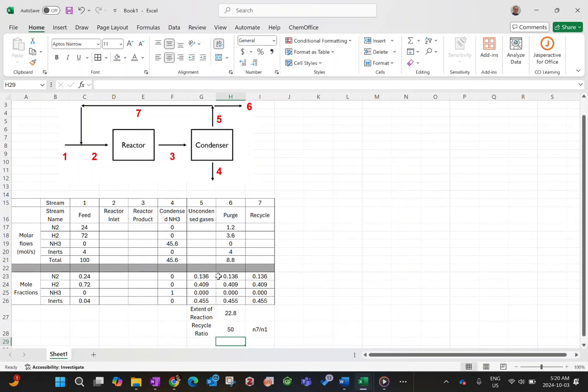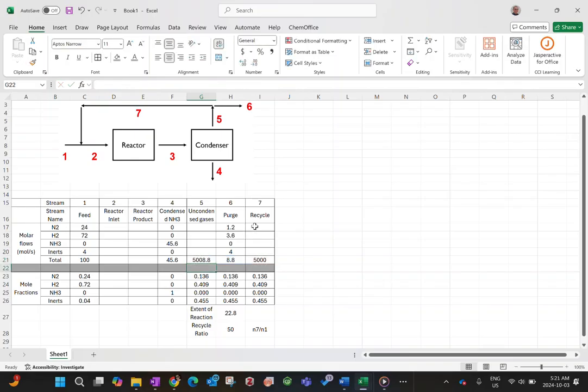Okay, and so 50 is N7 divided by N1. We know N1 already. So N7, the total, is just the recycle ratio times the total from N1. And it's that simple. And because stream 5 is just stream 6 plus stream 7, all I got to do is add those together.